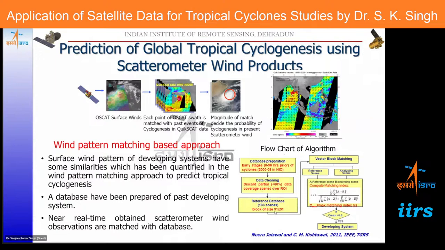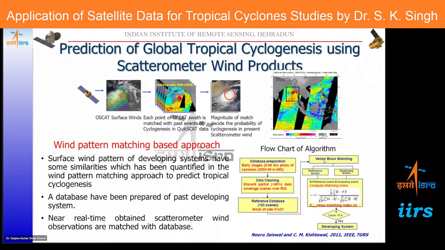Using this criterion, they found around 133 scenes. They took the data from 4 days, 96 hours, prior to the formation of the tropical cyclone, with formation time taken from IMD and JTWC. When a tropical cyclone formed, they took the wind information from 4 days prior. Doing so, they collected around 133 scenes, and then they applied this in real time.